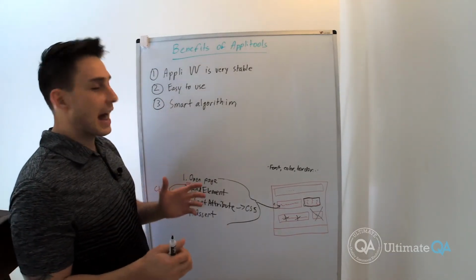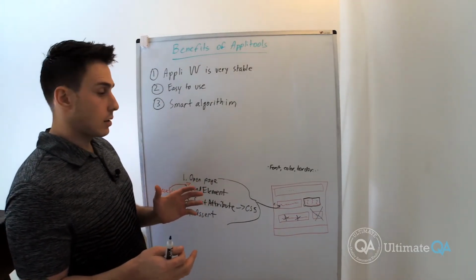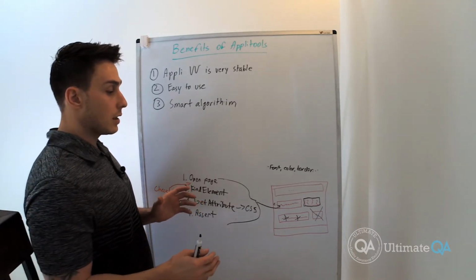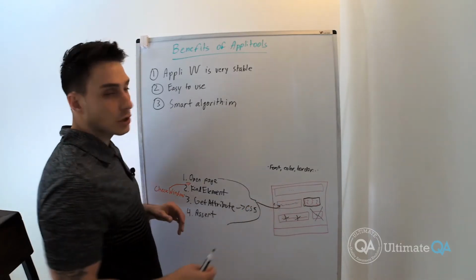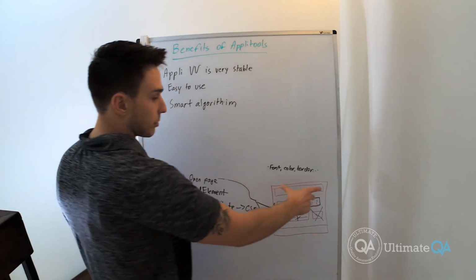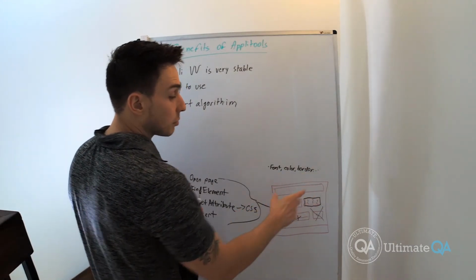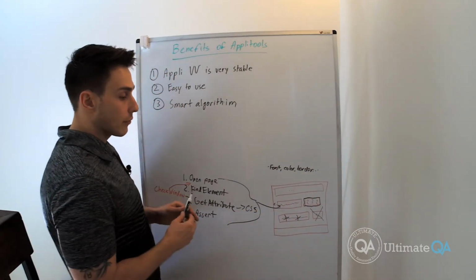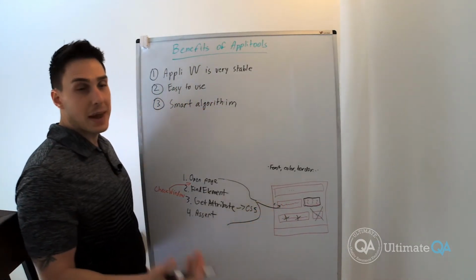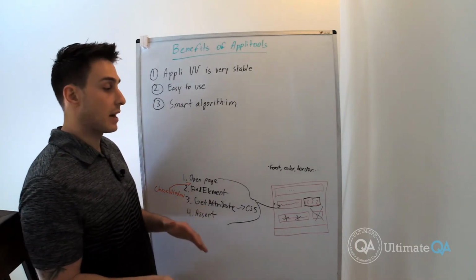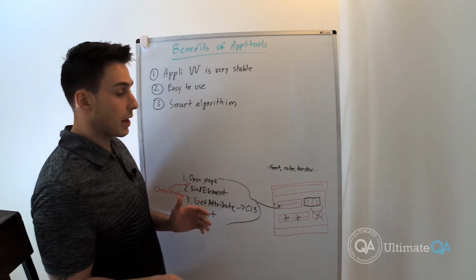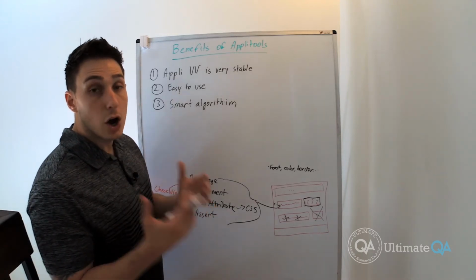So how does the algorithm tell you if the current page has failed compared to the baseline? Well, if a shift on the page has occurred and it's visible to the human eye, Applitools will spot it for you. So for example, if this has shifted in any way that is visible, Applitools will tell you. However, if this has moved by like a pixel, which may happen from device to device, different devices may cut off a pixel here or add an extra pixel there, or maybe there's different coloring, right?